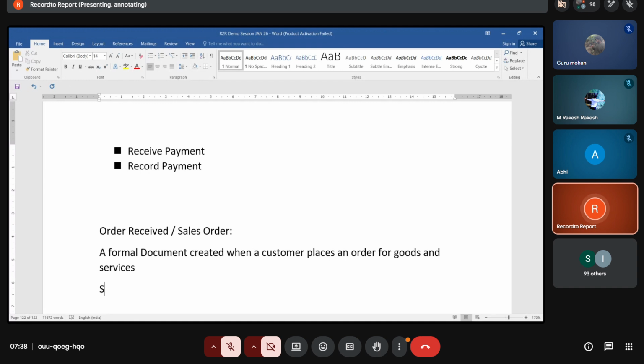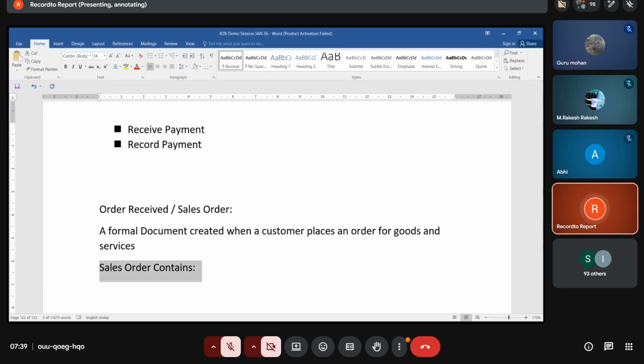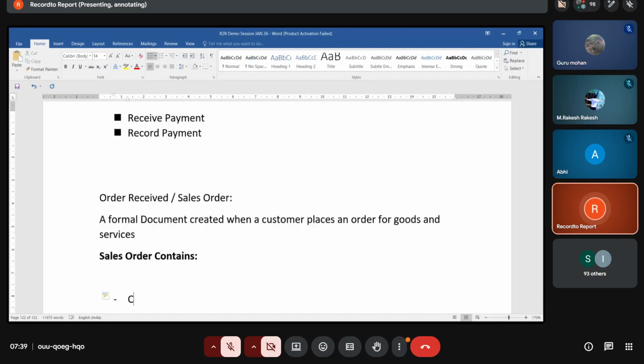So what does the sales order contain? Same as the things contained in the purchase order. So who is the customer?